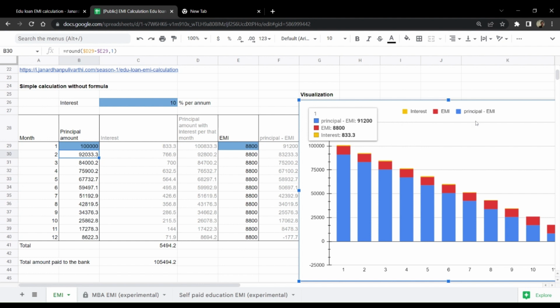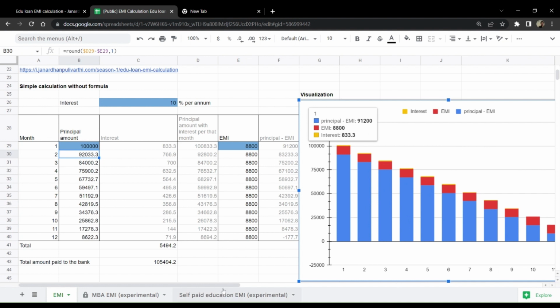This interest is calculated based on this whole amount; this much is the amount on which the yellow interest is based. Same goes on in this fashion.